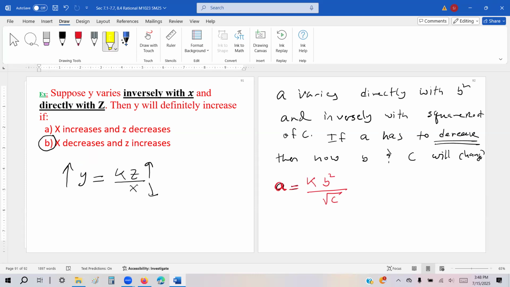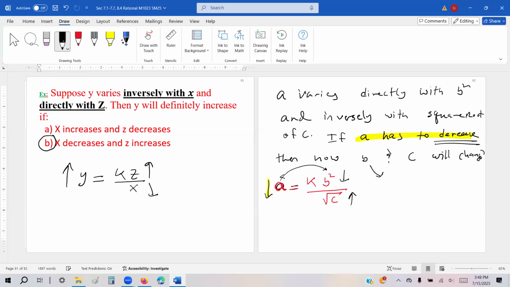This time, we want A to go down, decreasing. So if you want A to go down, then B square has to go up or go down. Which one? A and B, they have direct relationship, right? So if you want A to go down, your B definitely has to go down because they have direct relationship. Then C has to go which direction? Go up because it's inverse relationship.